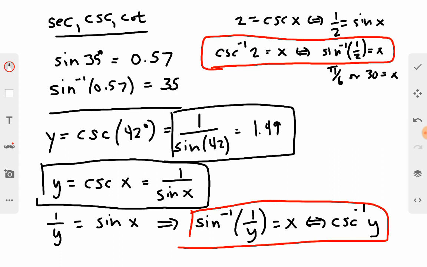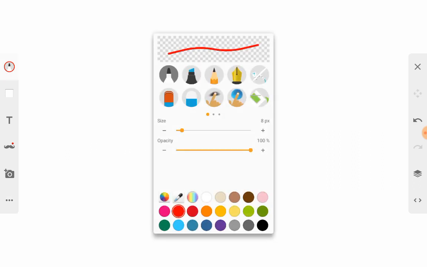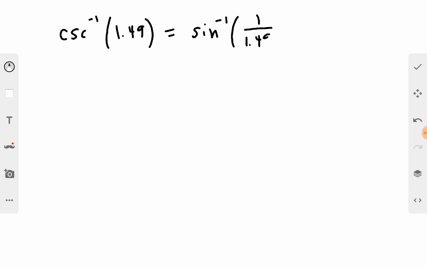Okay, so let's try another one. Let's say that we want to do cosecant inverse of 1.49. All right, so we're going to need a calculator for this one. That's the same as saying sine inverse of 1 over 1.49.